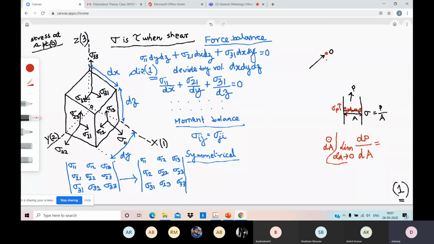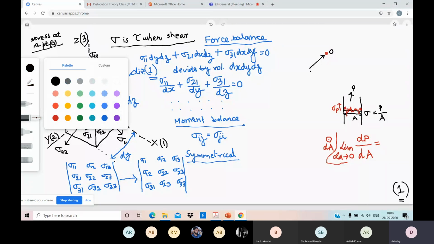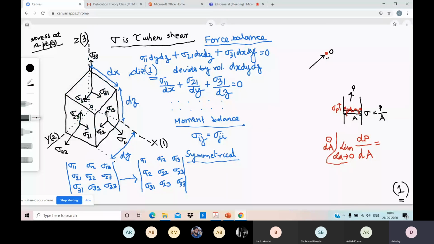Now again, coming to a particular point, say I am writing the point as point O indicated by the red spot, and we are considering a load or a stress acting on that particular point. And that point is a part of a body.